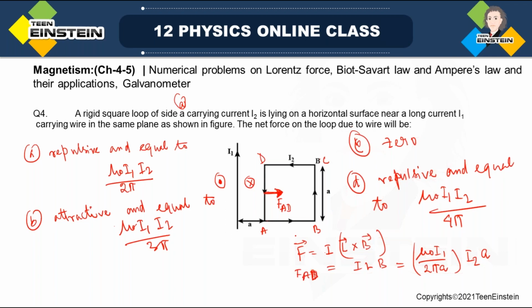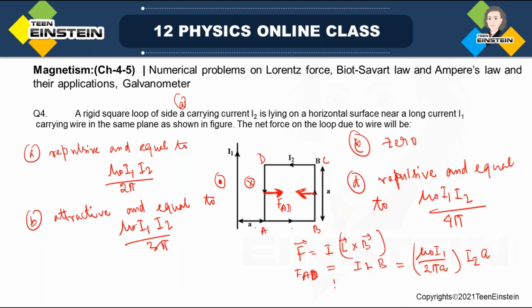On this side also there will be a magnetic force due to this current carrying wire on this BC, and the force will be in this way. But one thing you have to see, this distance is A, and this is 2A.